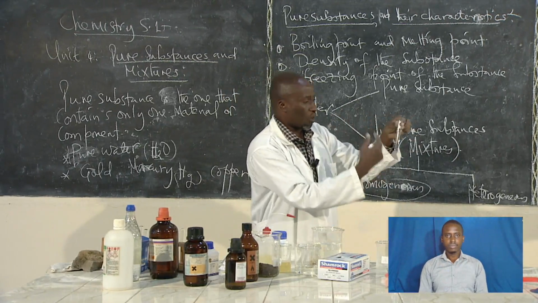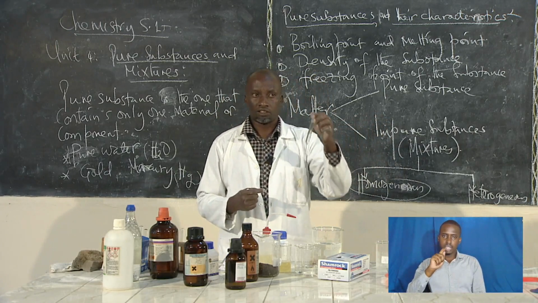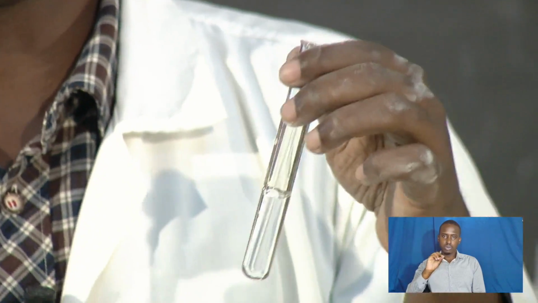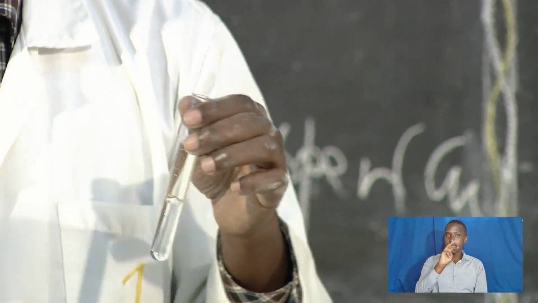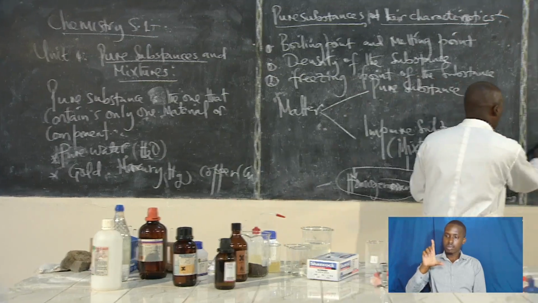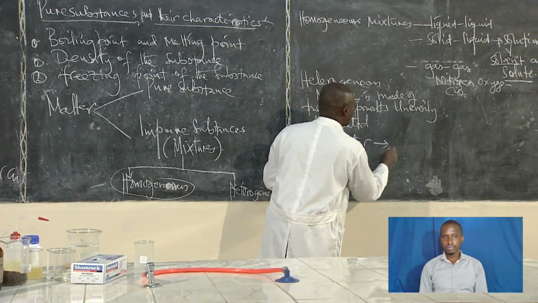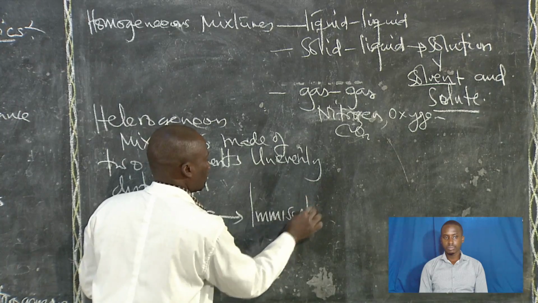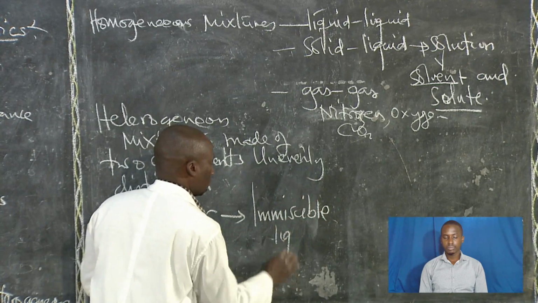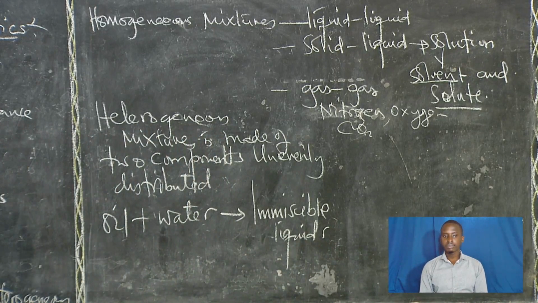So we also call this mixture, apart from being heterogeneous, immiscible liquids. So you have oil and water, which makes immiscible liquids.